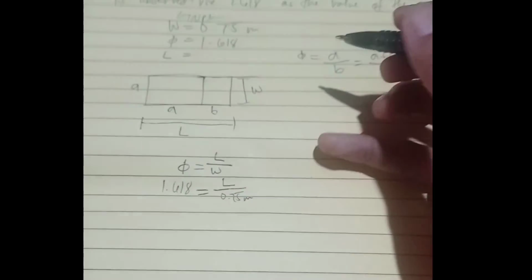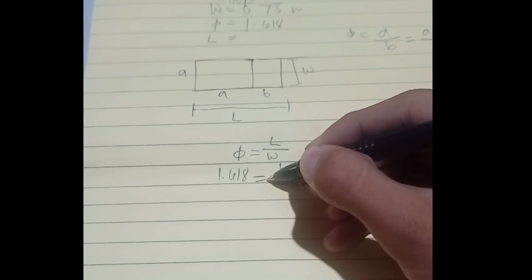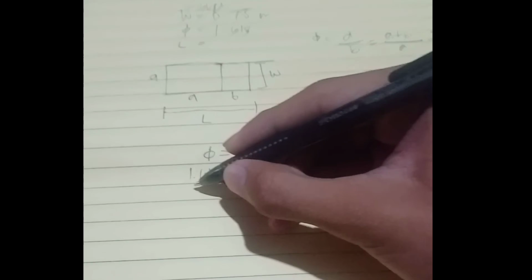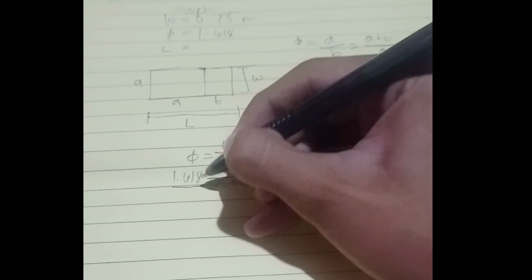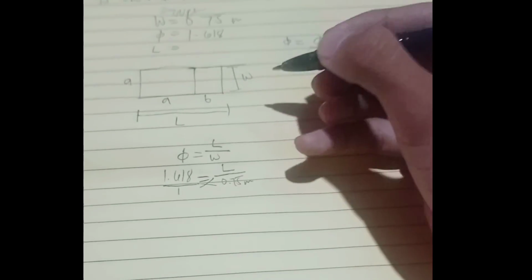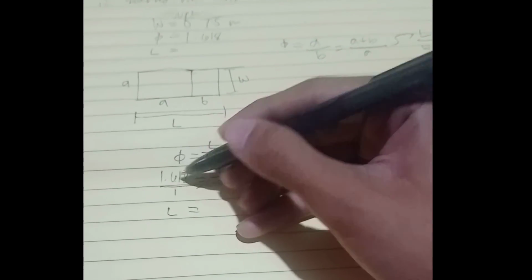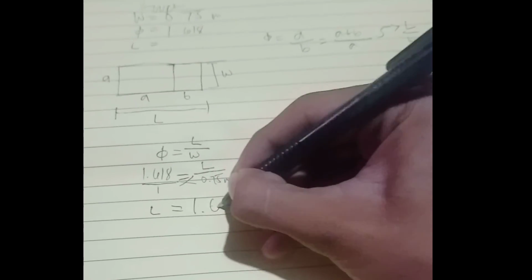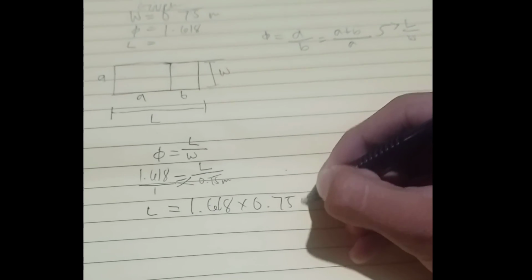We can't solve it like this, so what we are going to do is cross multiplication. This is not a fraction, it is a decimal, so it automatically has a 1 on the bottom. So L times 1 is equal to L, and then we multiply 1.618 times 0.75 meters.